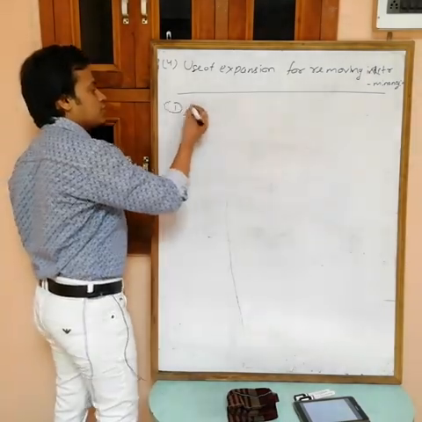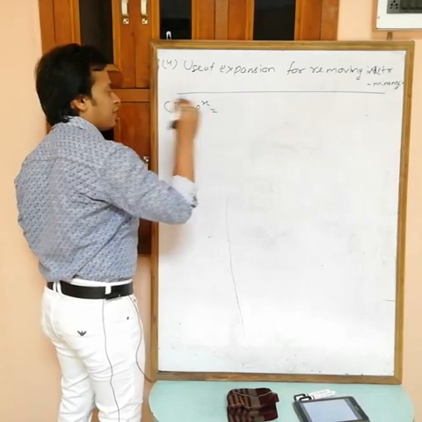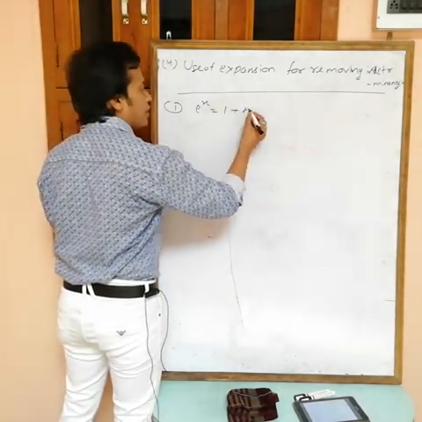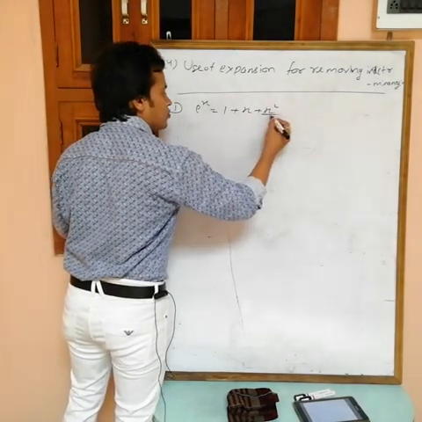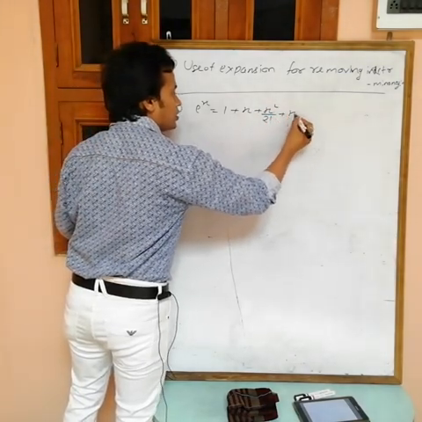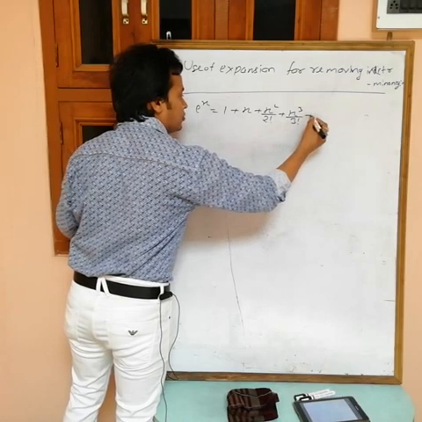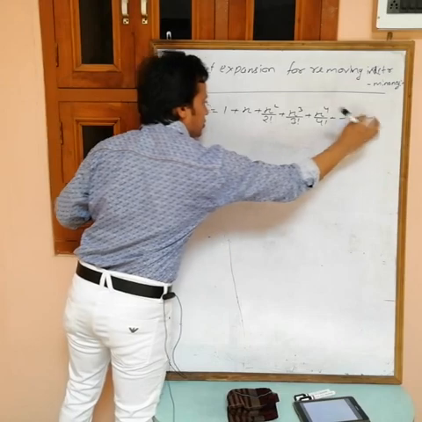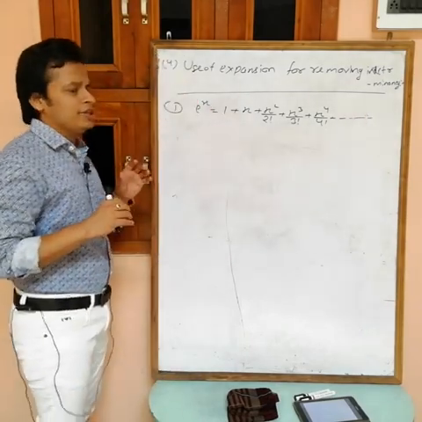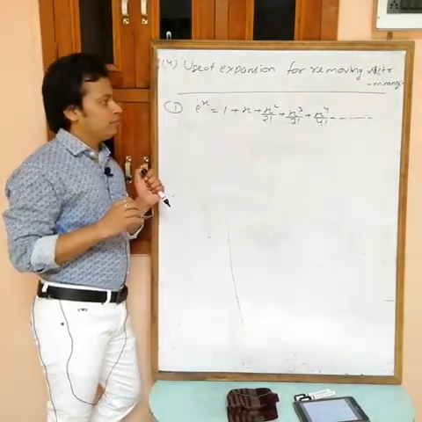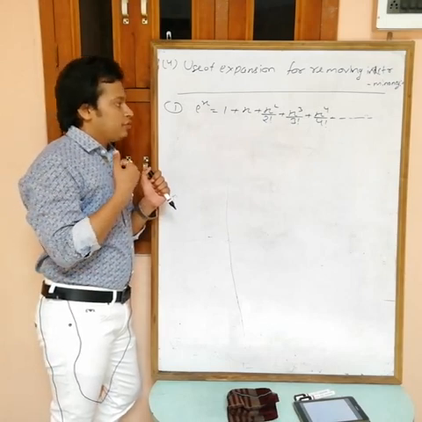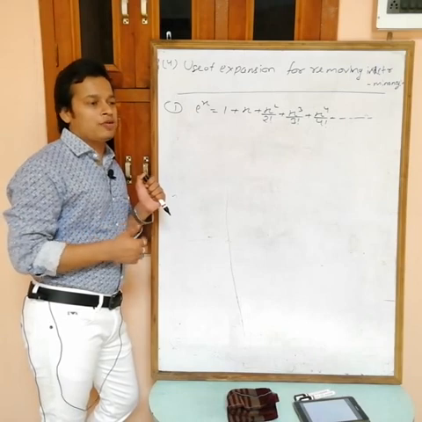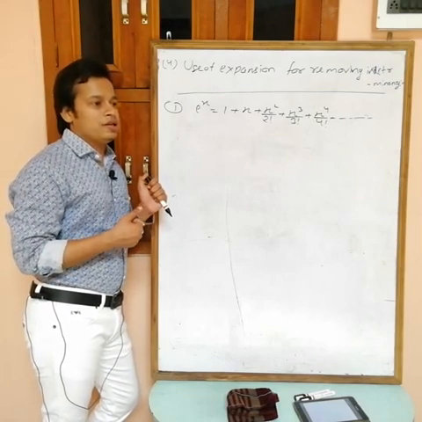So first is the expansion of e power x. You can write e power x as 1 plus x plus x square by 2 factorial plus x cube by 3 factorial plus x power 4 by 4 factorial up to infinity. Now actually we have proofs of these expansions but not in our syllabus.